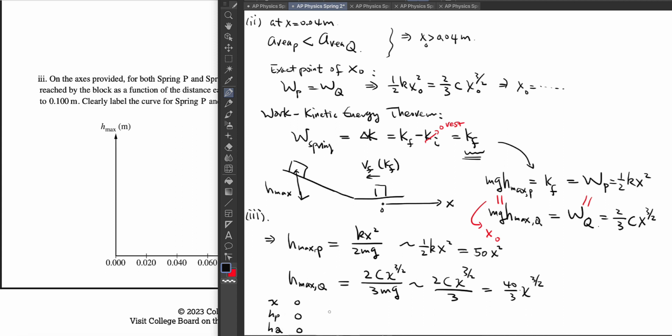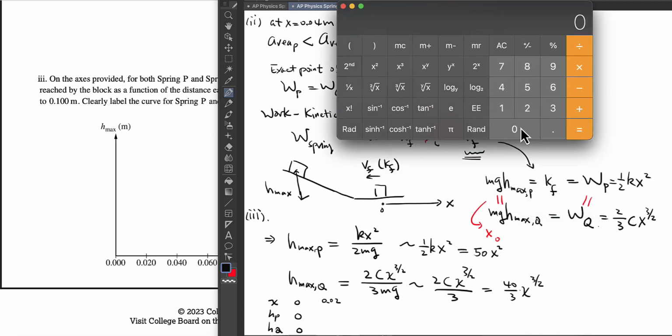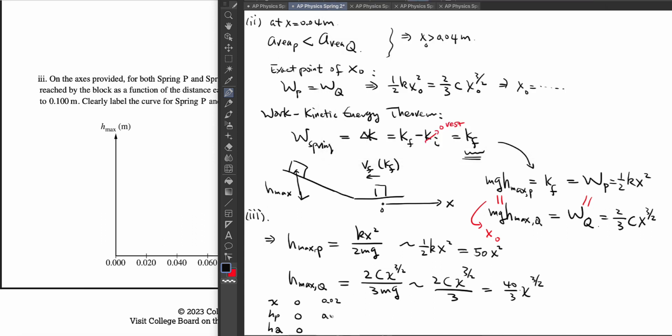And then x equals 0.02. Let me try this one. Let me do some calculation here. So we get 0.02 for HP, also 0.02.